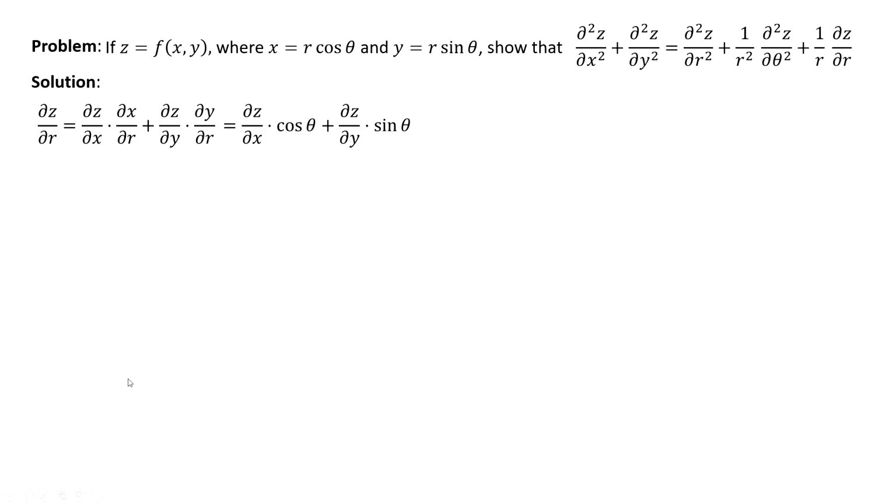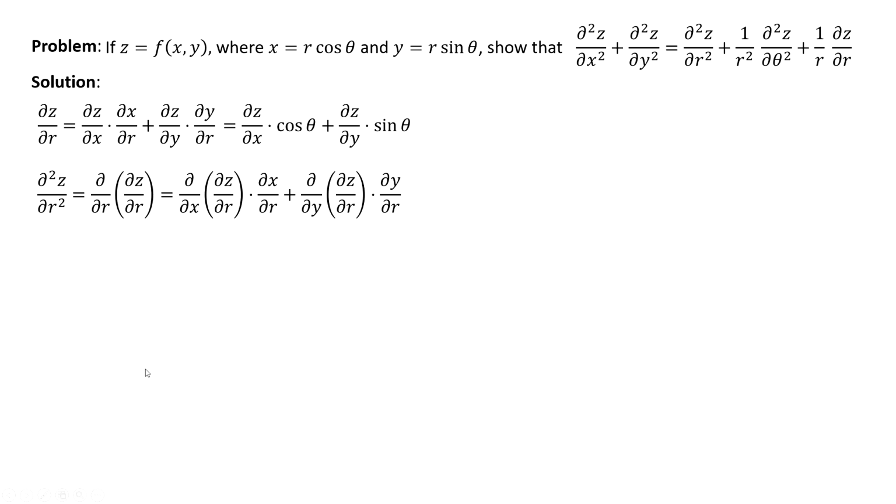Now, you will see why I say it's a good way to look at it that way when you come to second derivative. When we have second partial z with respect to r, I want to look at it as partial with respect to r of the quantity partial z with respect to r. Okay. So what's the difference between this and this?